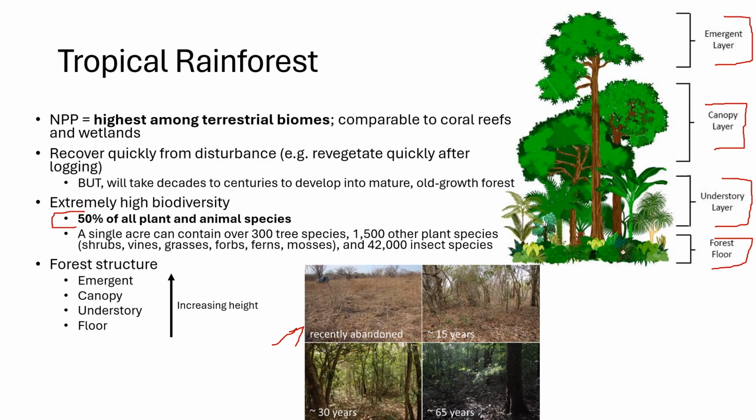There's a self-feeding cycle. Niche partitioning leads to specialization and vice versa. And you get very, very high biodiversity. That also means that there's a large threat for the biodiversity in tropical rainforests because if a species of tree goes, that might take with it 100 species of insects, fungi, bacteria, even vertebrates.